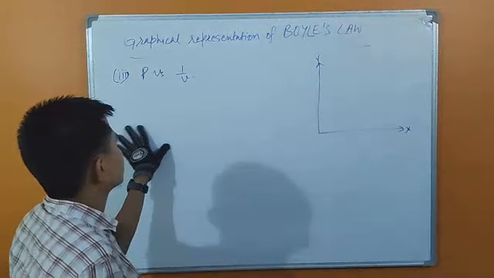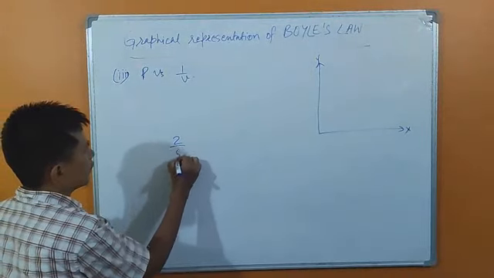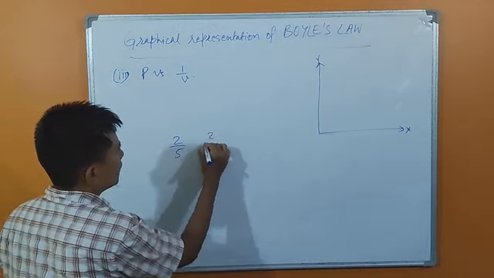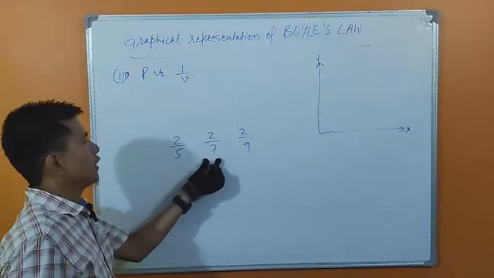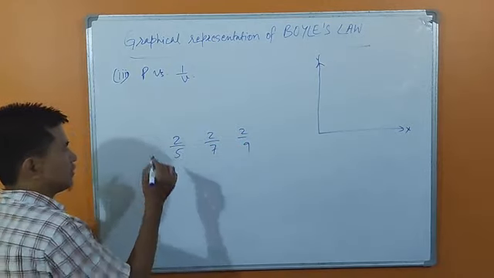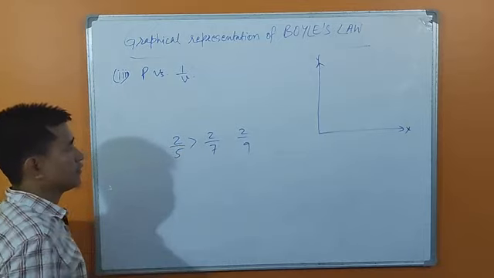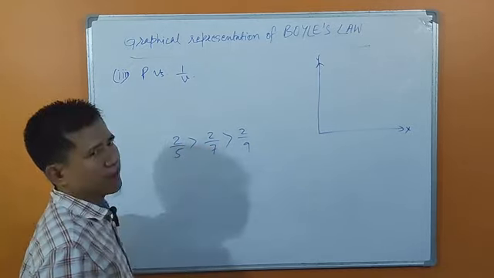First of all, let me tell you, if I write a fractional number 2 upon 5, here 2 upon 7, here 2 upon 9, which one of this is the greatest and which one is the smallest? The greatest is 2 upon 5, and then 2 upon 7, and the smallest is 2 upon 9.